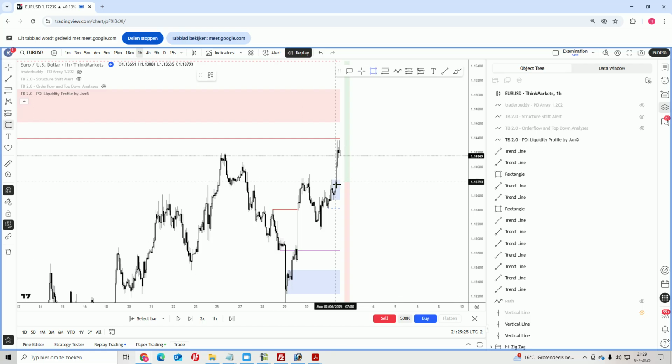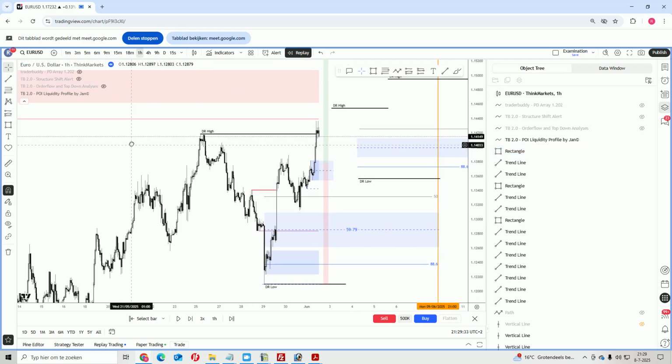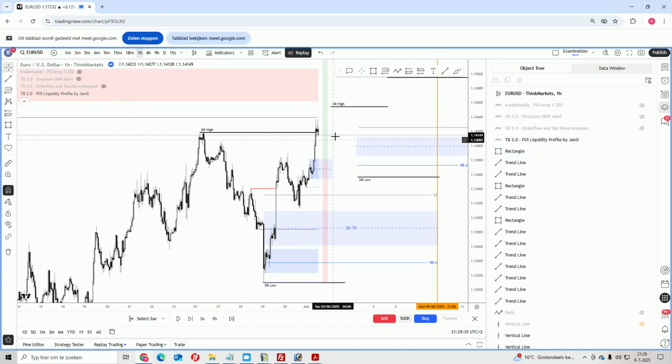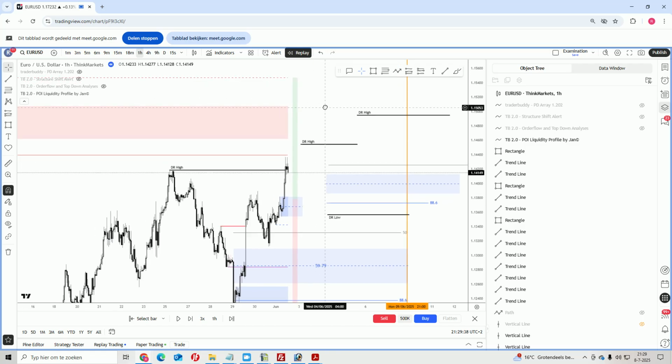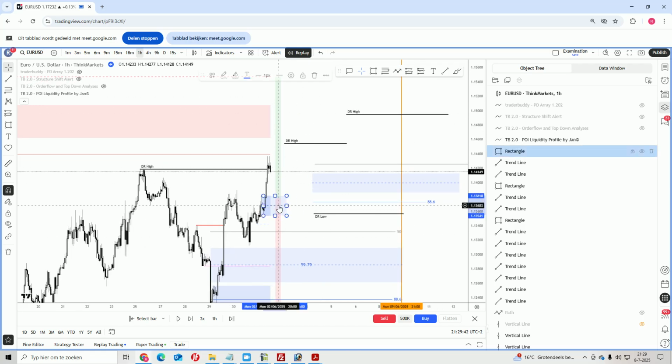So if this is the trading time, and we just broke the dealing range high, we expect at least a retrace before we go up. So what's the nearest point price can retrace to and is in discount? Well, that's this POI zone.